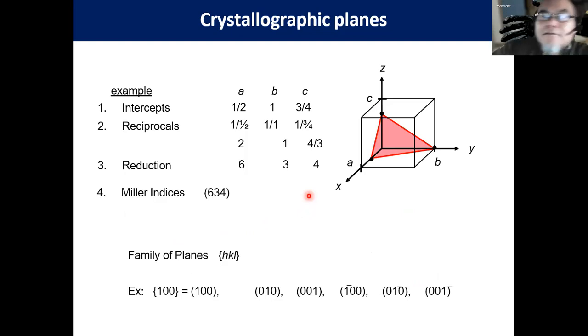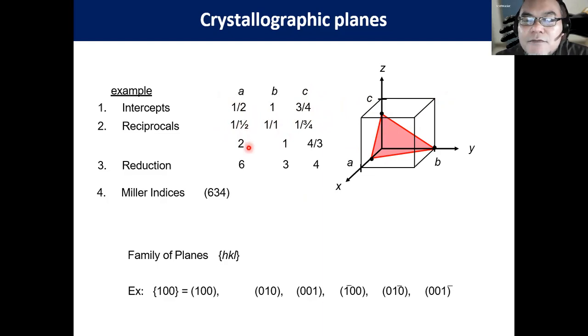Another example here, where the plane intercepts at half of a, then at the y-axis it intercepts at 1 of b, and at the z-axis it intercepts at 3/4 of c, like the lattice index. So we write down half, 1, and 3/4. Then we take the reciprocal: 1 over half, 1 over 1, 1 over 3/4.